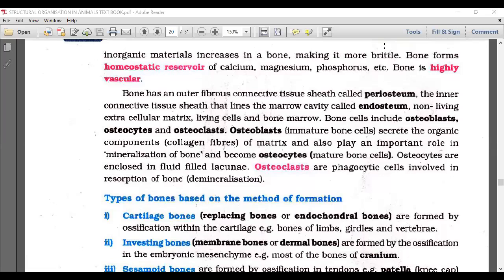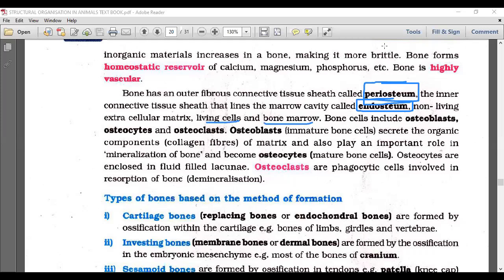The bone has an outer fibrous connective tissue sheath called periosteum. The inner connective tissue sheath that lines the marrow cavity is called endosteum. Periosteum and endosteum are both made up of dense irregular fibrous connective tissue, which we learned earlier, and a non-living extracellular matrix, living cells, and bone marrow.